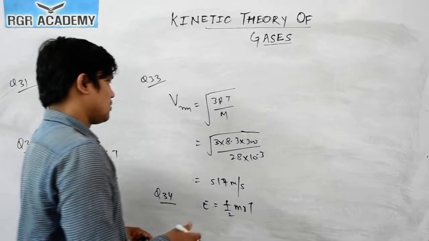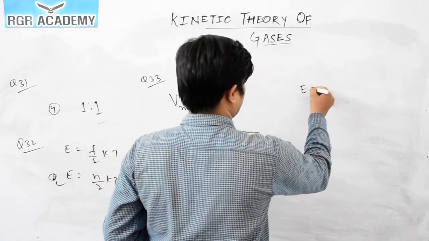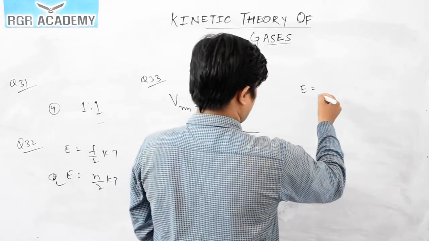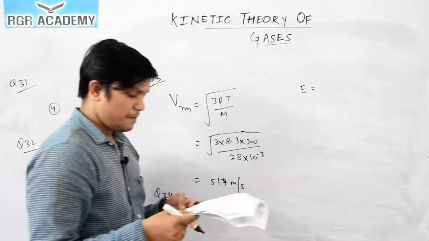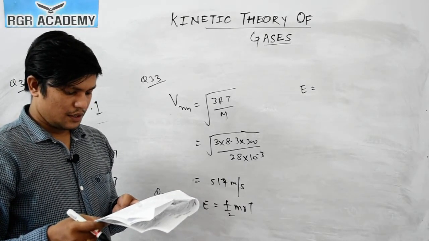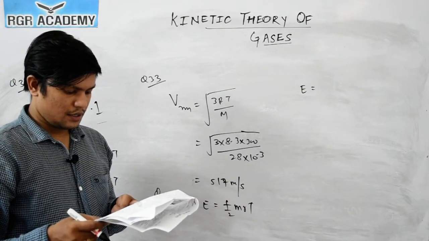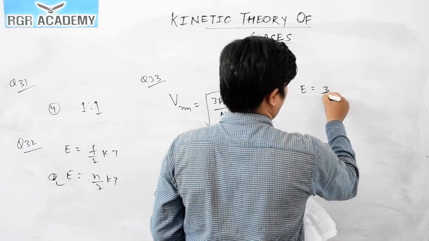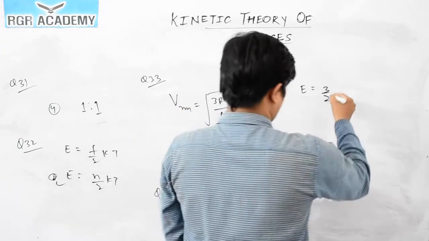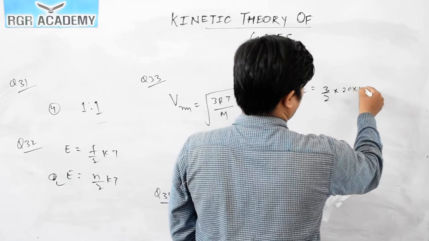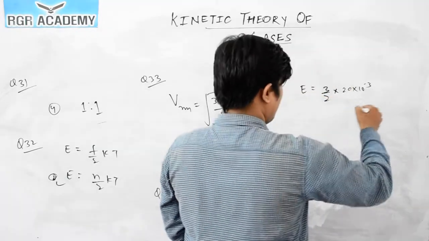Only the translational kinetic energy they are asking, so the F value will be 3 by 2 into m. Mass is given as 20 grams, so 20 into 10 to the power minus 3 into R by m.